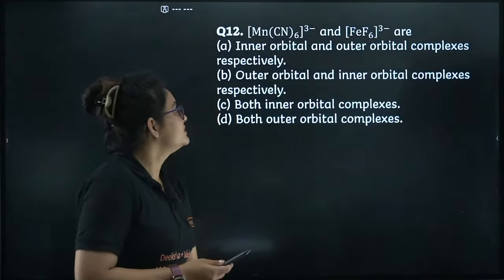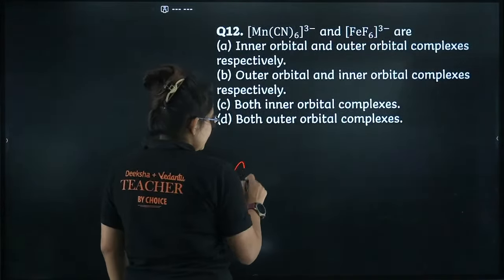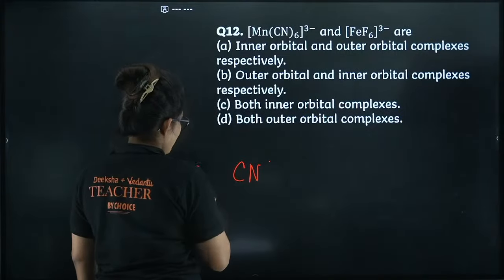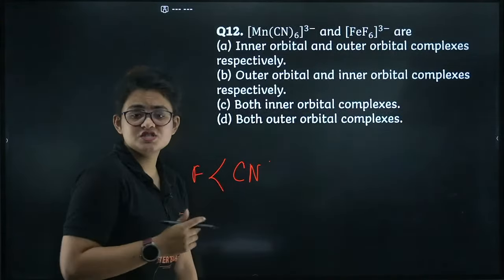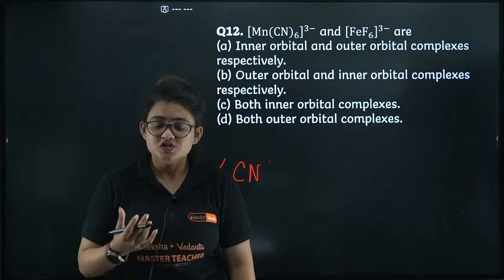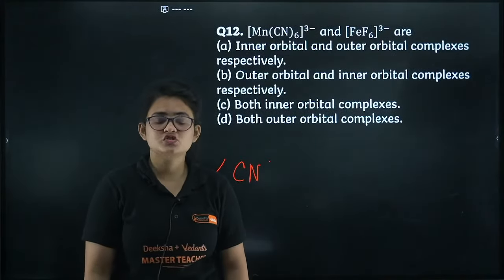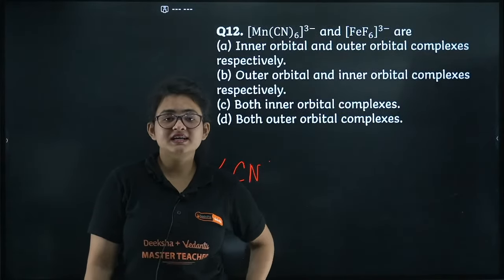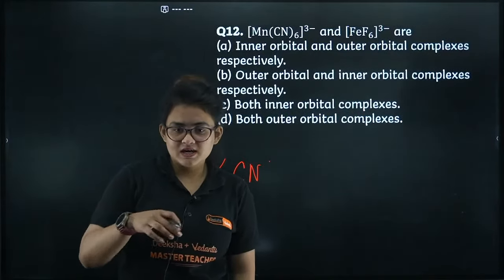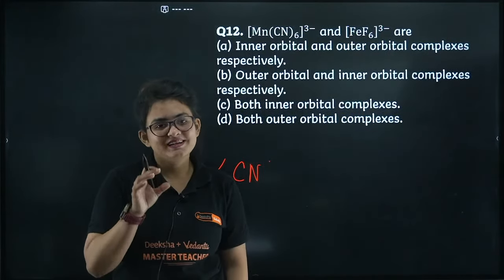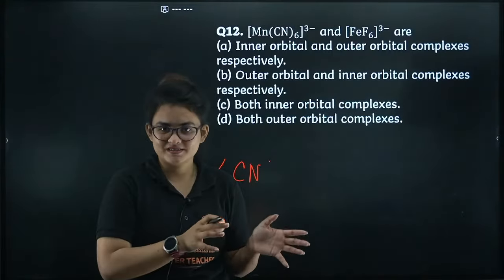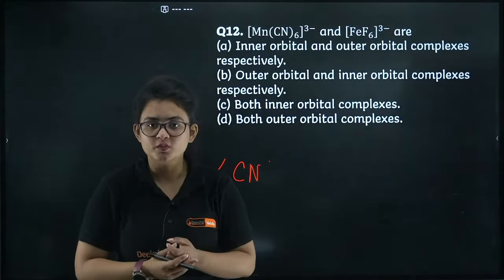If you look at the ligands, one is cyanide and another one is F. Cyanide is a strong field ligand, right? Whenever it comes to a strong field ligand, it forces the electrons in the d orbitals to pair up, against Hund's rule.